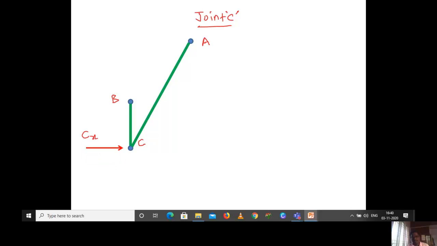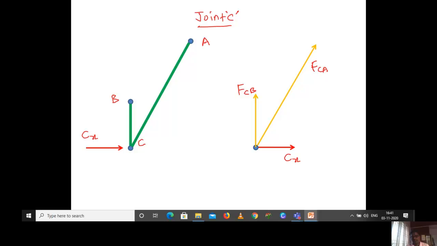Now you can take the points B, C and A, and we are going to consider the point C. So Cx is there, acting towards the right-hand side, that is the positive x-axis. We know the value, that is 60 kilonewton. From C there is a member force acting towards B, that is FCB, and a force acting towards A, that is force FCA.